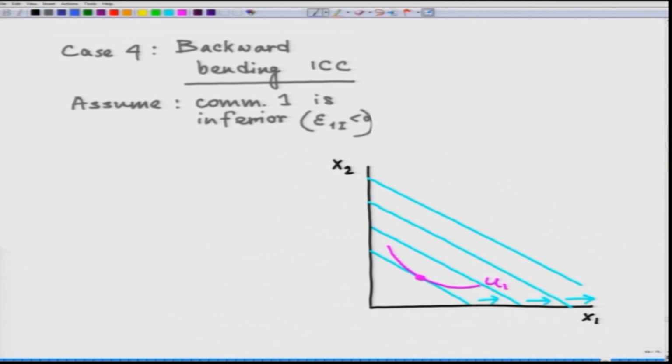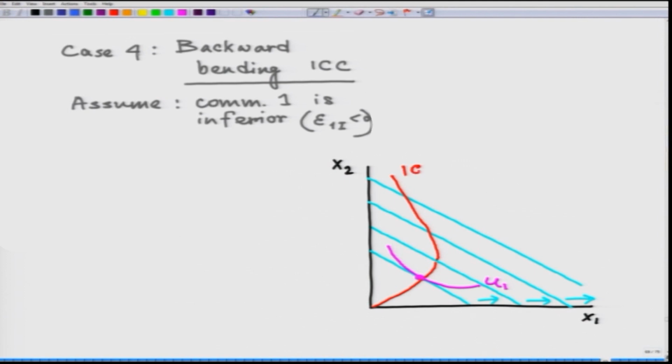Now, we are talking about the backward bending income consumption curve, ICC. So, that means that we have to start from the origin. As income increases at a low level of income, the consumption of both the commodities increases, but then after some critical level of consumption of commodity 1, there is a fall noticed in the consumption of commodity 1 as we give the consumer more and more income.